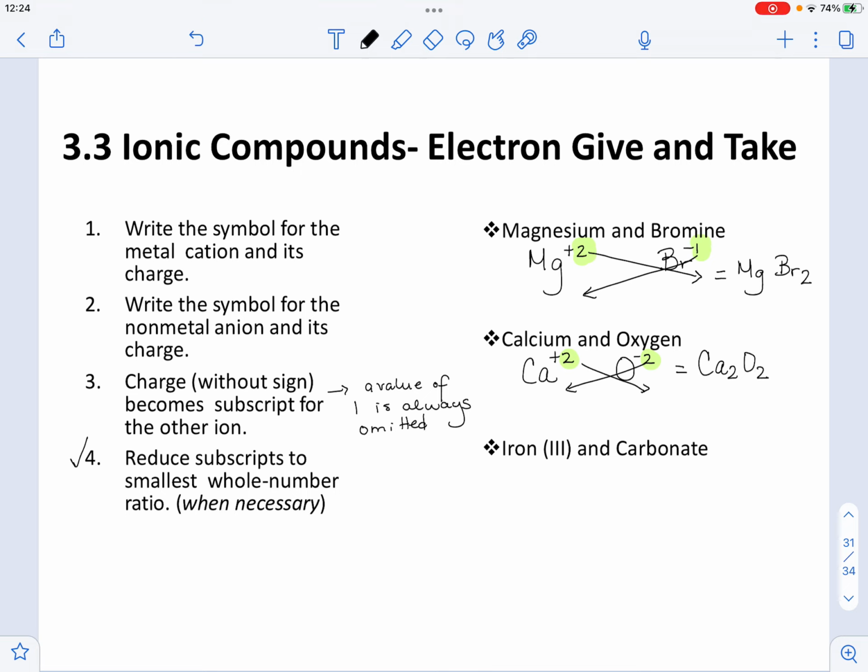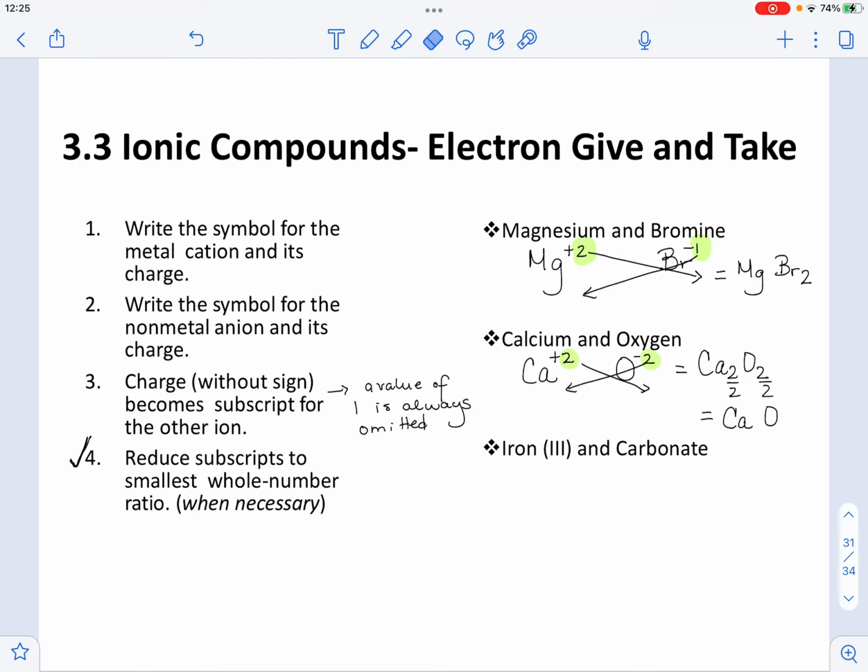But notice rule number 4. If you see that the subscripts that you just assigned are divisible by one another, you need to make sure that they're converted to the smallest whole number ratio. So if you divide both sides by 2, you're going to say Ca1O1, and because the 1 is omitted, then the final answer is CaO.